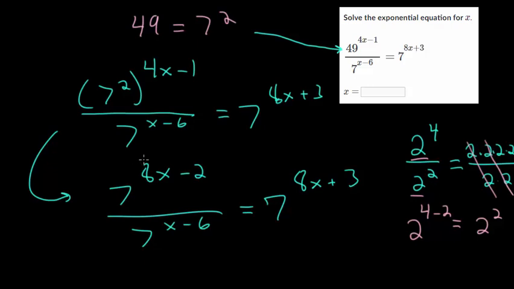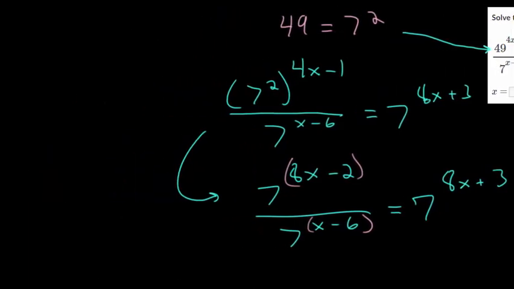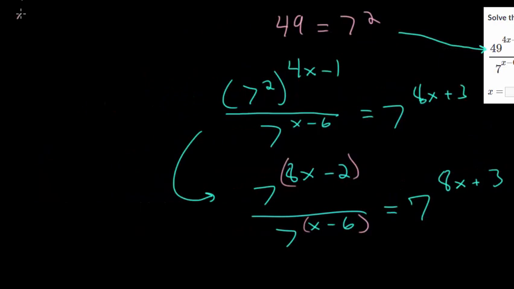So we're going to take this 8x minus 2 and subtract this x minus 6. So let's do that off to the side here and we'll make a little bit of room. So I'll just do the arithmetic up here. We have 8x minus 2, and since they have the same base, we will just subtract the exponents.